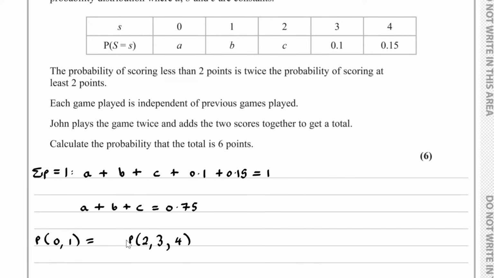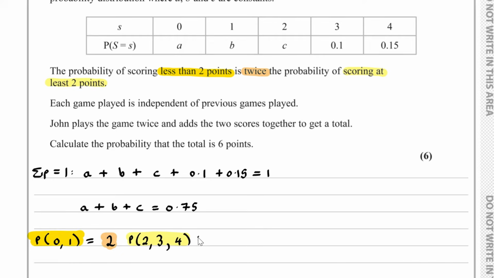So if I multiply this by 2, we get this result here. So here, the probability of scoring less than 2 points corresponds to this over here. This is twice, so that's why we multiply by 2, the probability of scoring at least 2 points. So that corresponds to this over here.